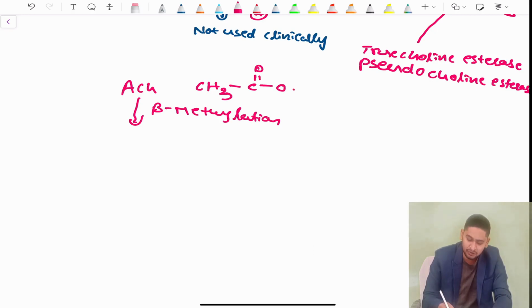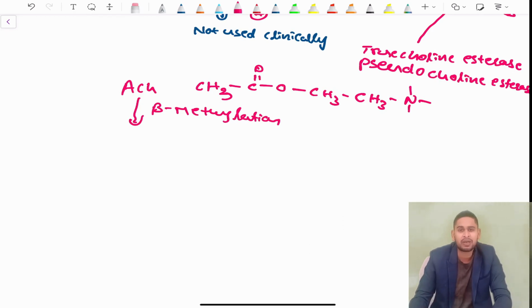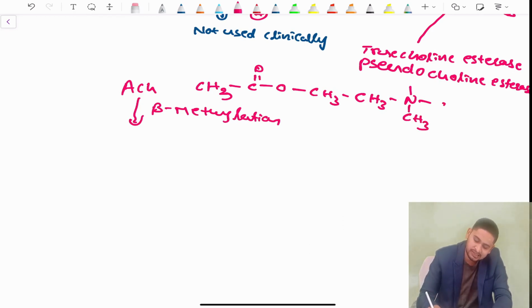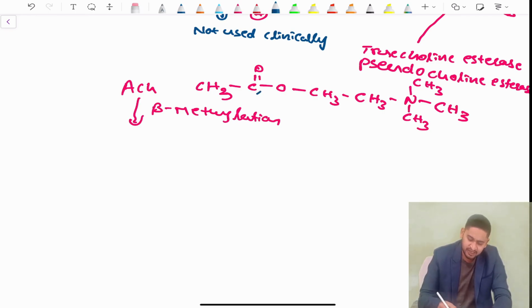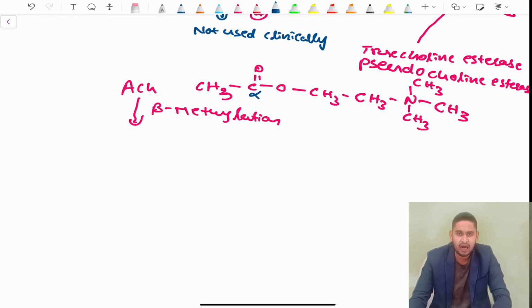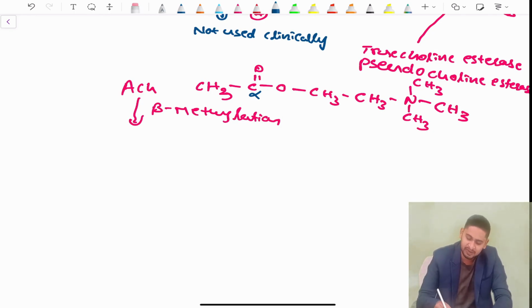This is the acetyl group attached to the choline. This structure is acetylcholine. Coming to the numbering, the alpha carbon is the higher priority group, and adjacent to this alpha carbon is called beta. Hence the methylation happens at the beta position.